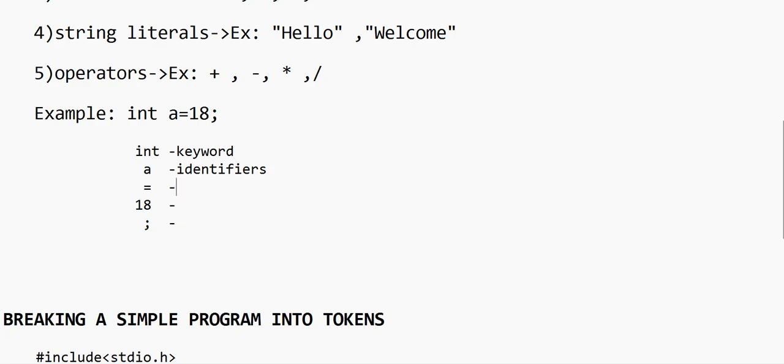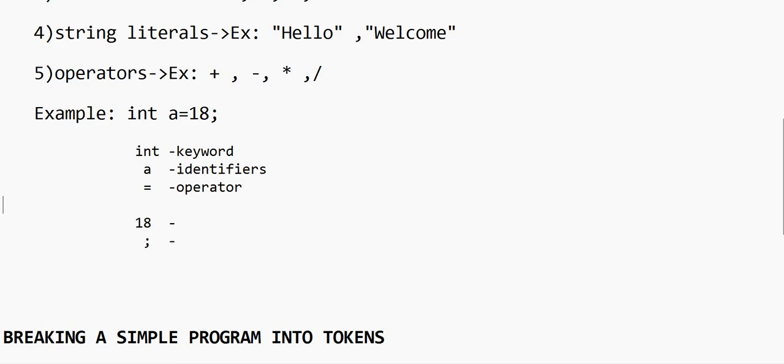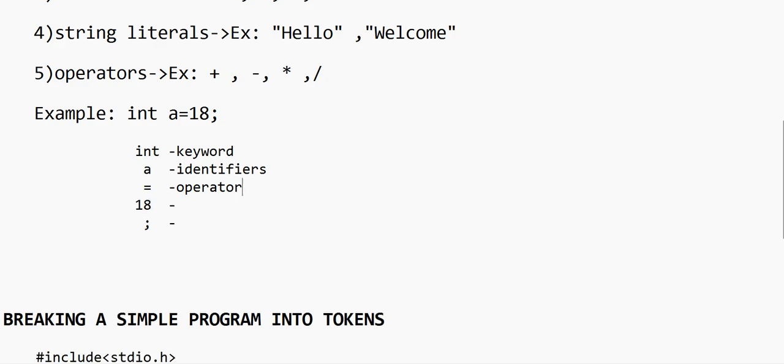It is saying that the a value is 18. Here it is performing some sort of operation, so it is known as operator. Next coming to 18, 18 is a fixed value. It can't be changed. So it is constant.